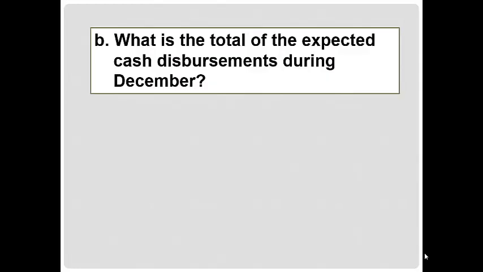Next, we'll compute what is the total of the expected cash disbursements during December. Remember, you disperse cash for various reasons, so you want to break it into a couple of parts. You want to first get your cash disbursements for purchases. So we need to figure out what were purchases during the period.